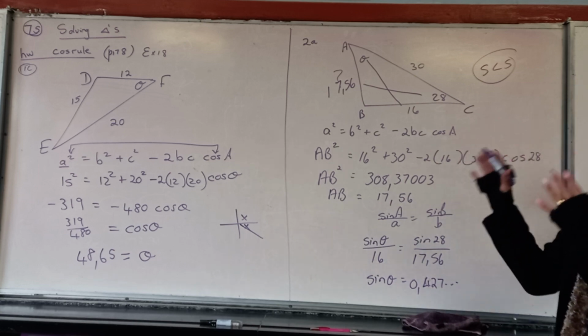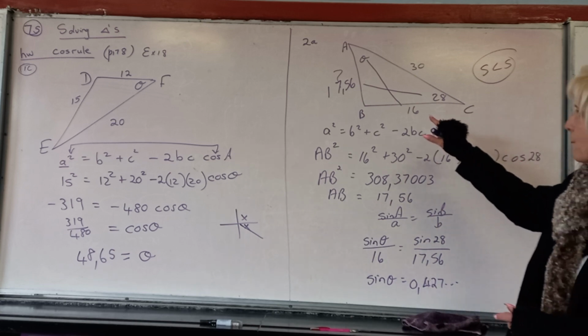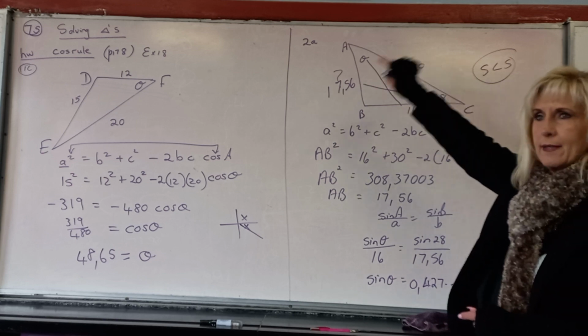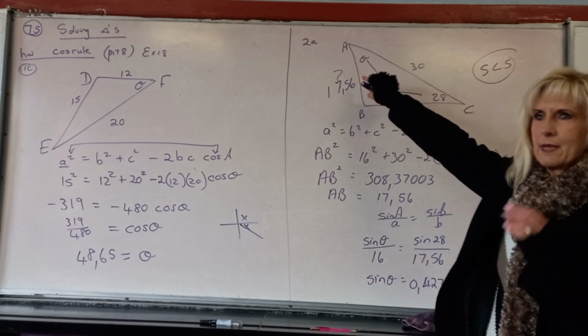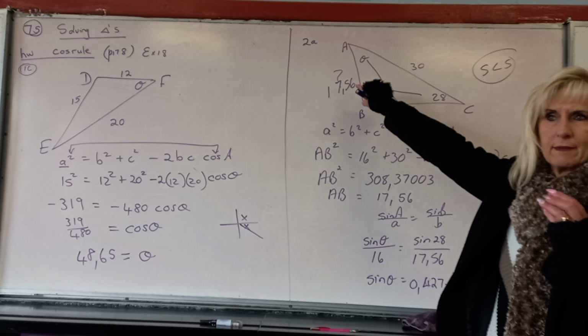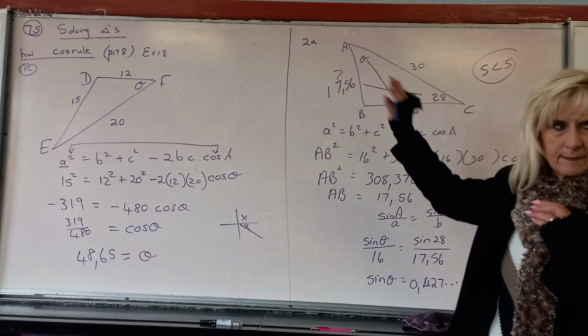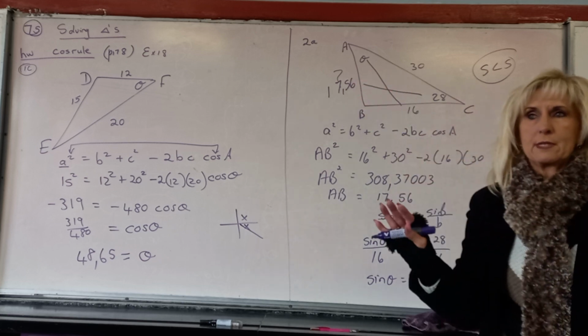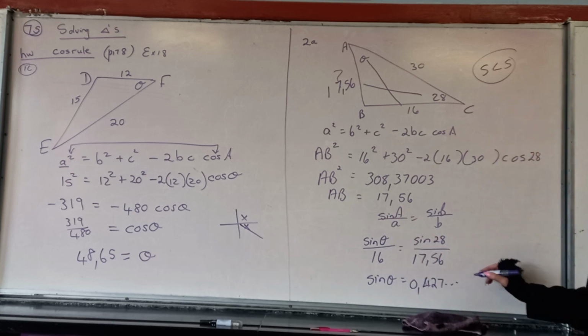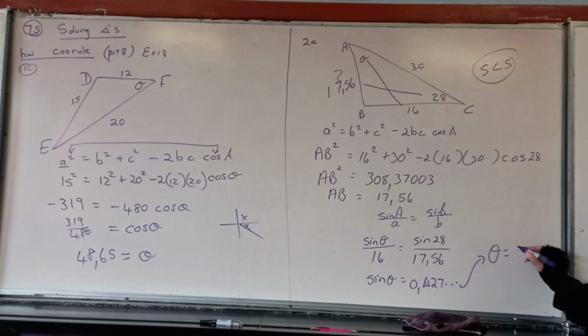There's no way that if I've got 3 sides, that angle can be anything else than one answer to make up those 3 sides. Don't overthink the ambiguous case, okay? So then you'll just have to say shift sin and get the acute angle, which will mean theta is equal to 25,33.